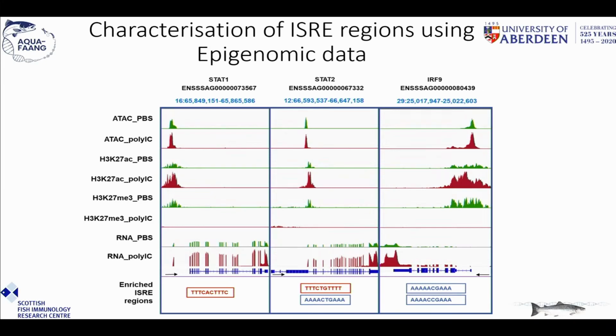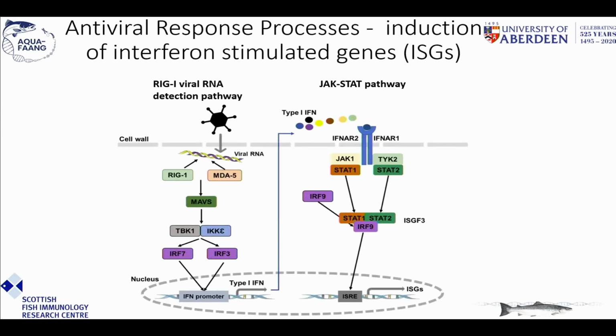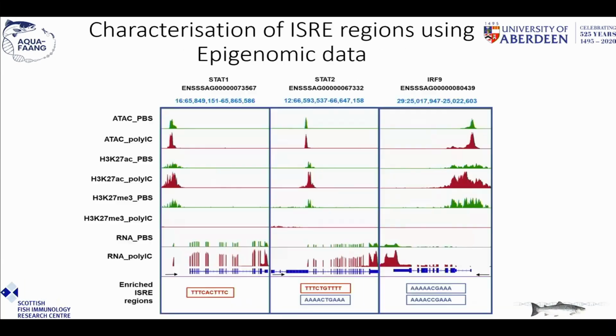Here I'm just showing the STAT1, STAT2, and IRF9 genes that are involved in this complex in the JAK-STAT pathway. I've only used one paralog for each. I picked the longest transcript, and the arrow is showing the direction of the sequence.